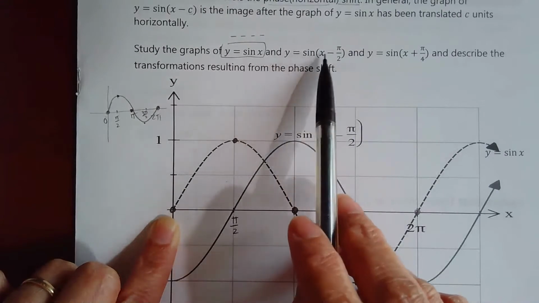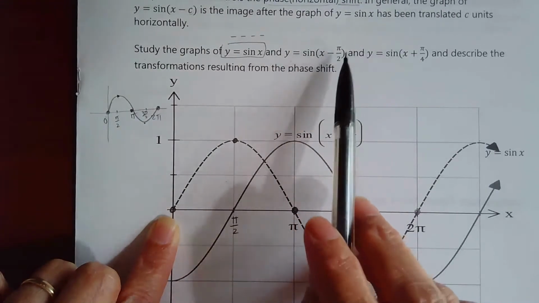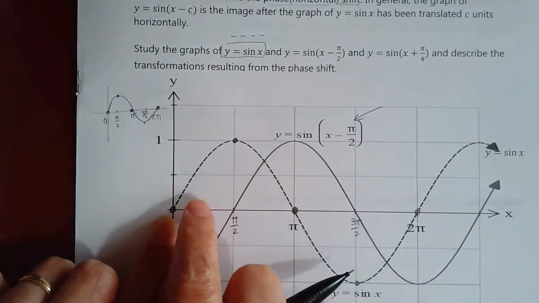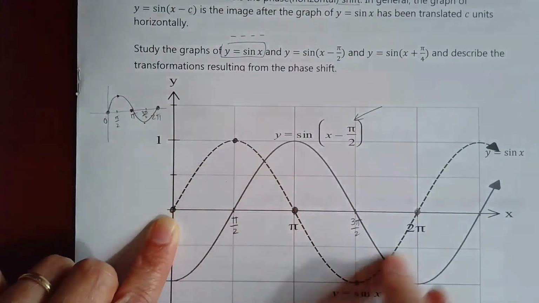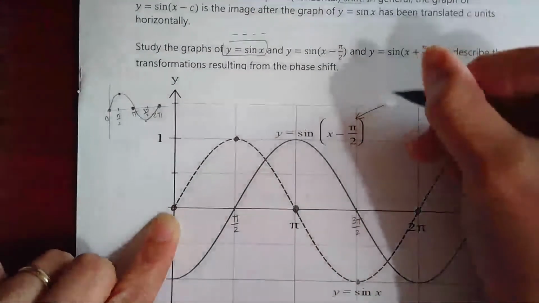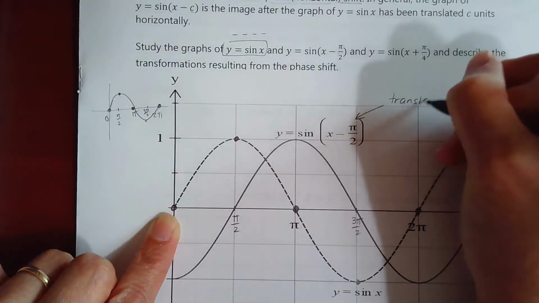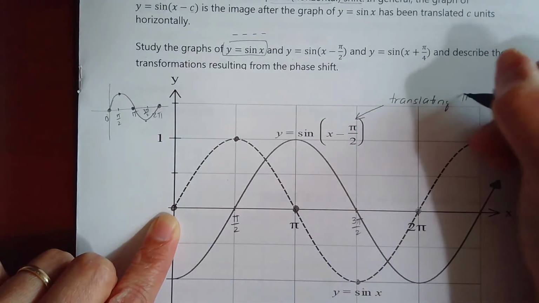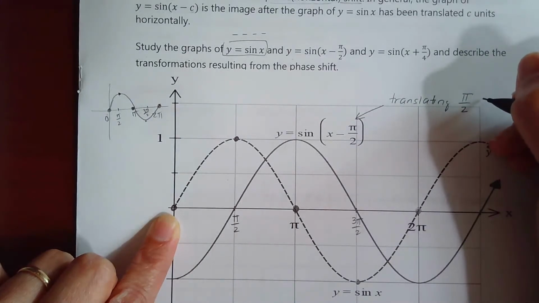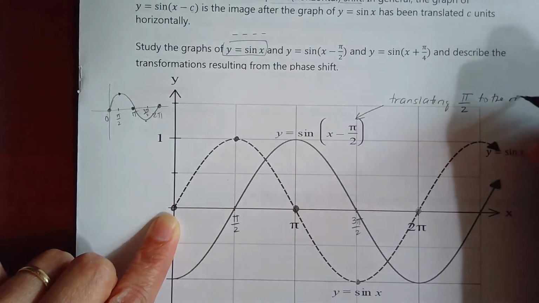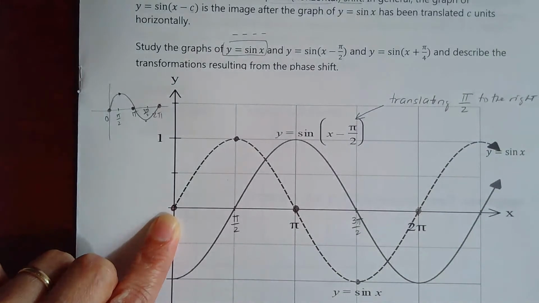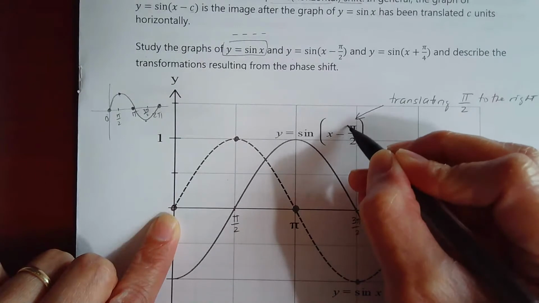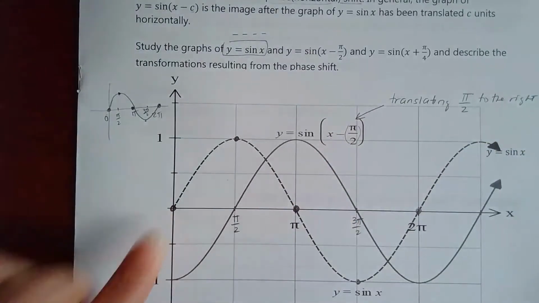y equals the sine of x minus pi halves. Well, what does that mean? That means we're taking the sine of x function graph and translating it pi halves to the right. Because this is x minus pi halves, where c is going to be the pi halves.